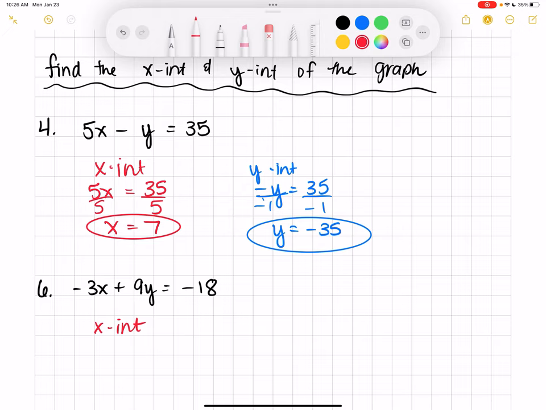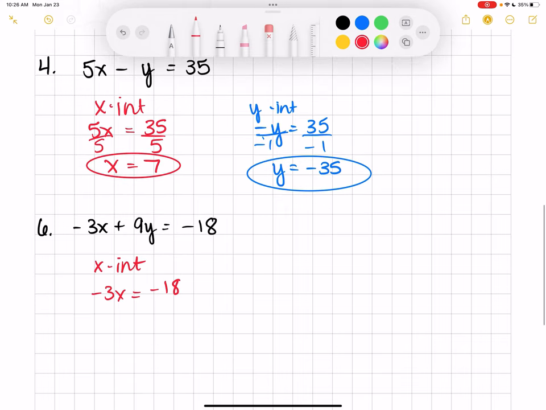So the y one is gone, and I have negative 3x is equal to negative 18. How do I solve for x? Divide by negative 3 on both sides. So x is equal to negative 18 divided by negative 3, which is positive 6. So my x-intercept is 6.